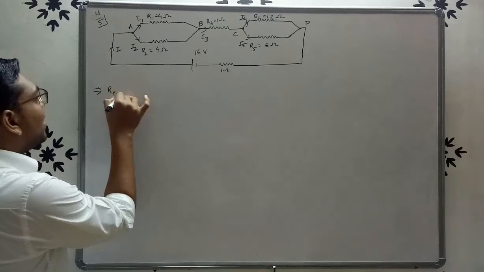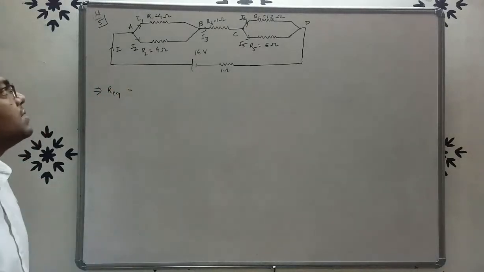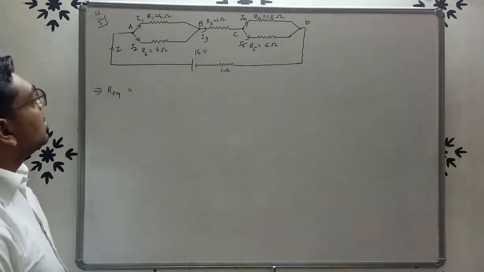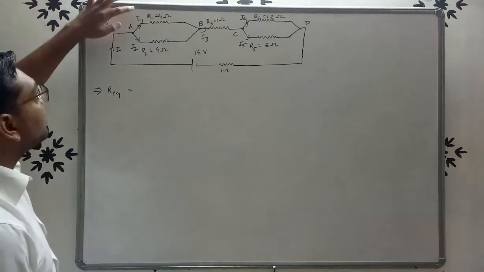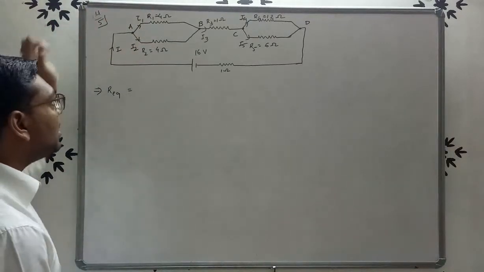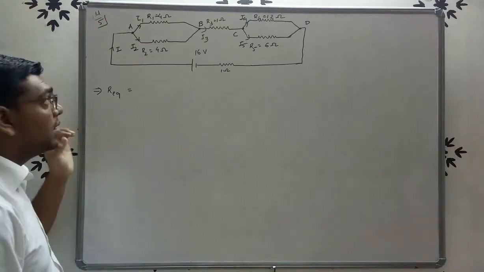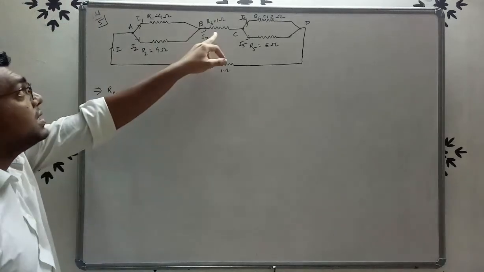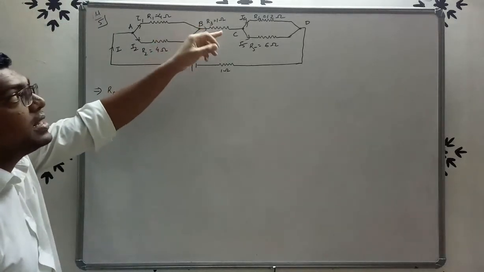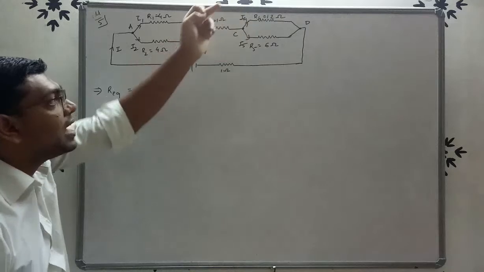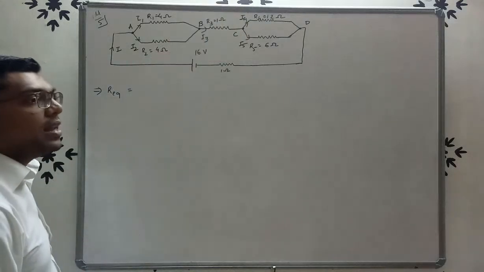So first of all, we have to find out the equivalent resistance. So R equivalent will be, here see friends, this R1 and R2 are in parallel, then this R3 will be in series and this R4 and R5 are in parallel.